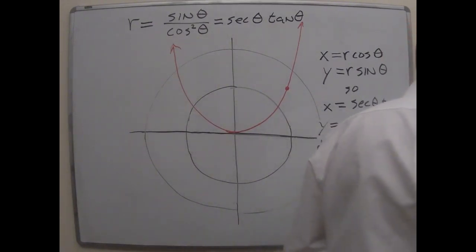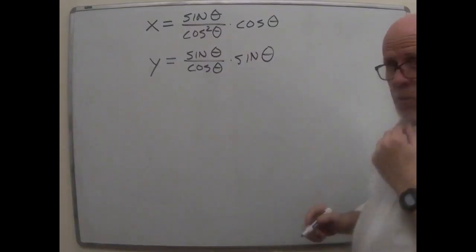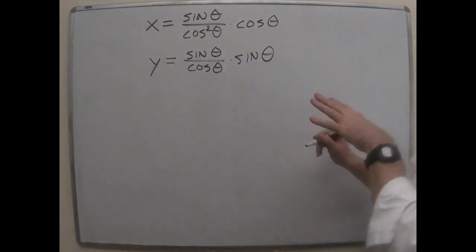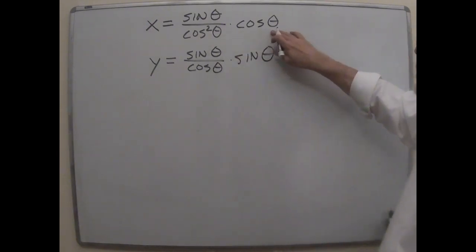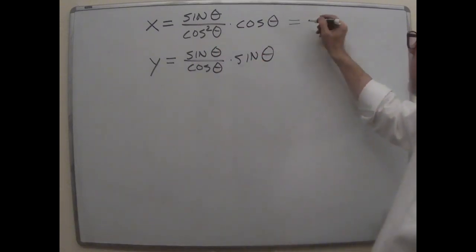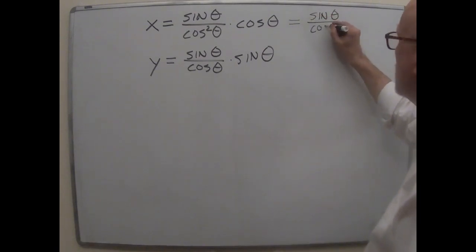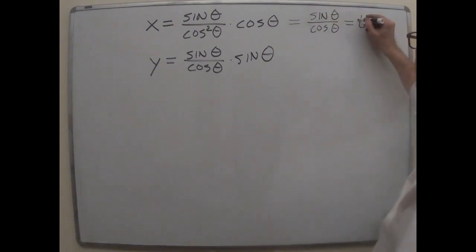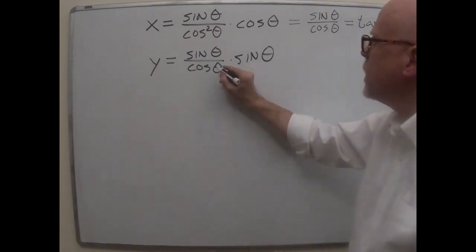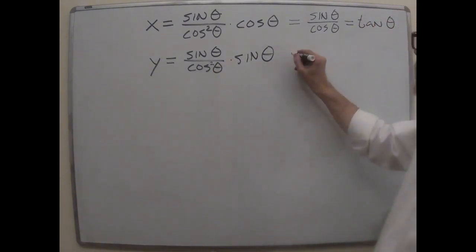A little more reflection: leaving it written all in terms of sines and cosines really is much simpler in this case, because look what happens with the x. Cosine with the cosine squared at the bottom simplifies to just sine theta over cos theta, and that's tangent. And this other one simplifies to 2 sine squared over cos squared, and that's 2 tangent squared.